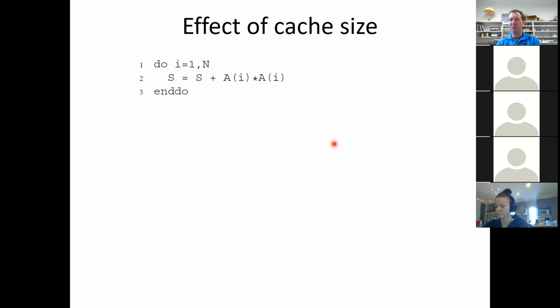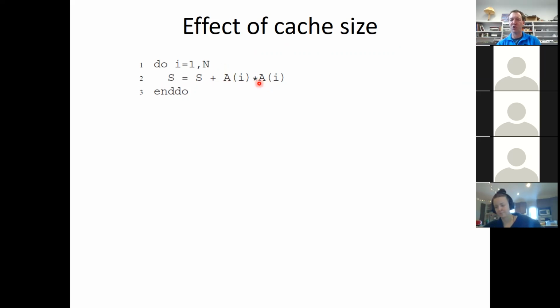Now, what is the effect of the cache size, how big the cache is, on the performance of code, for example? Let's have a look at this very simple reduce loop here, where we have a variable s, which we sum up to just the square of some array. Let's say we want to compute the kinetic energy, and a is the velocity.